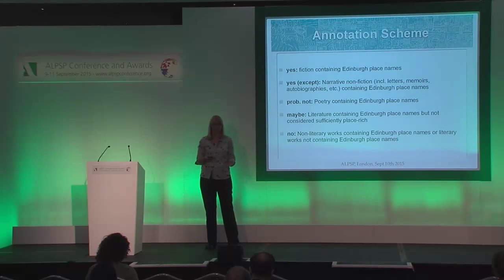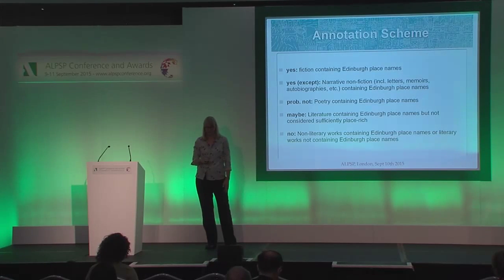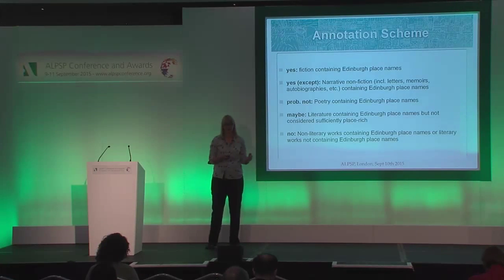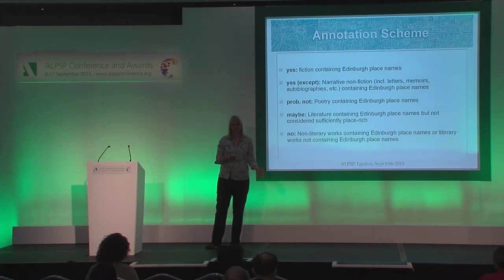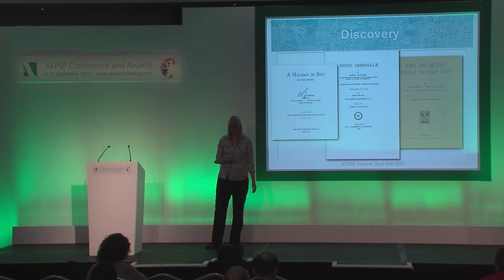The last one is obviously literature not containing Edinburgh place names that were accidentally picked up, because sometimes you can have several occurrences of a place name appearing all over the world, and while our aim is to optimize the performance on disambiguating between them, it doesn't always work 100% accurately.